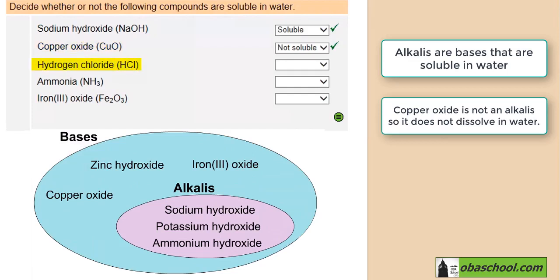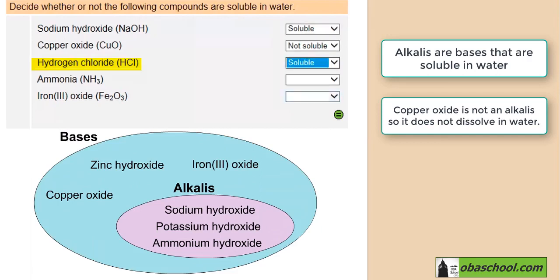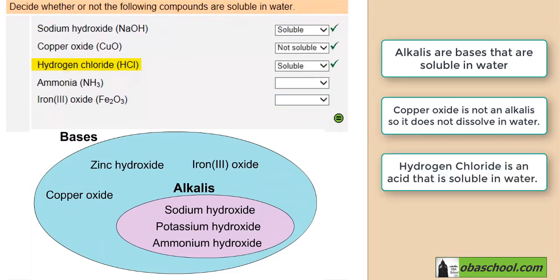Hydrogen chloride. Is hydrogen chloride soluble in water? Well, hydrogen chloride is an acid and it is soluble in water. Ammonia is the fourth compound.